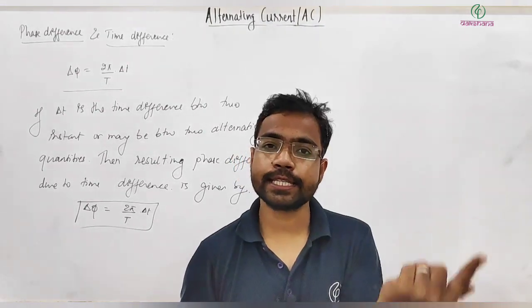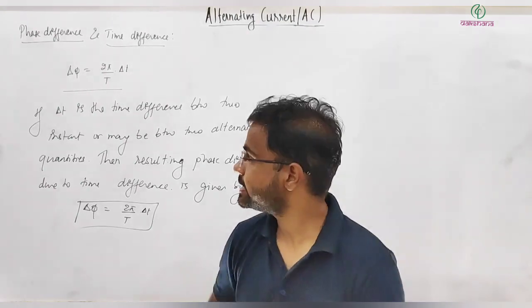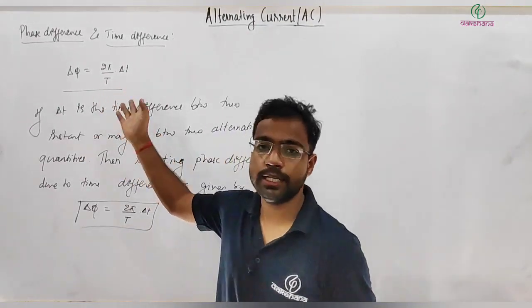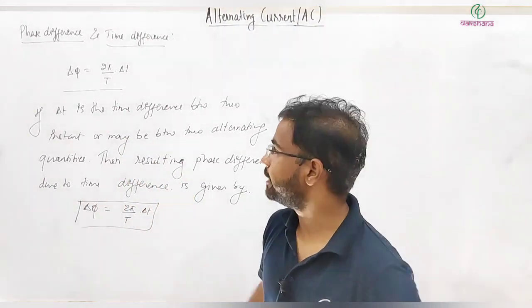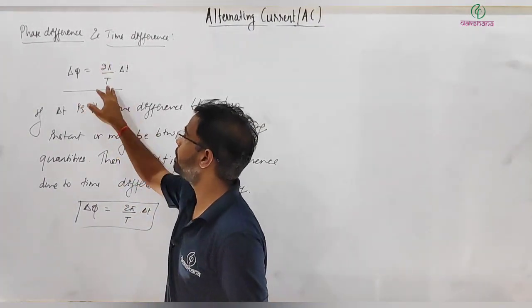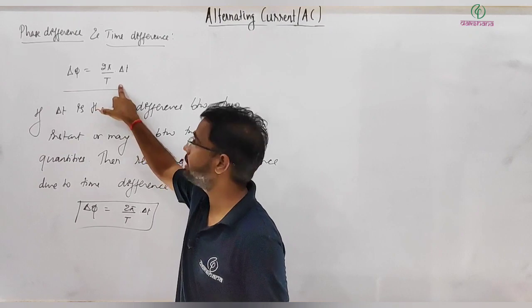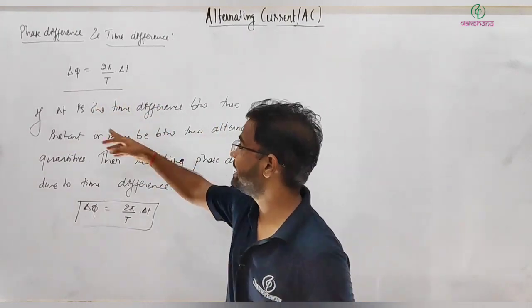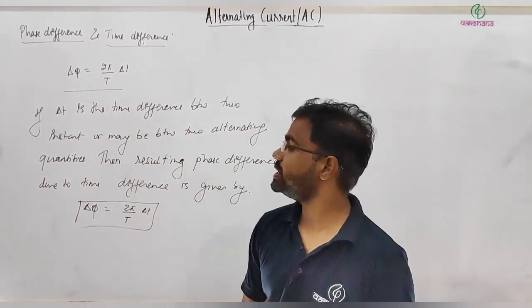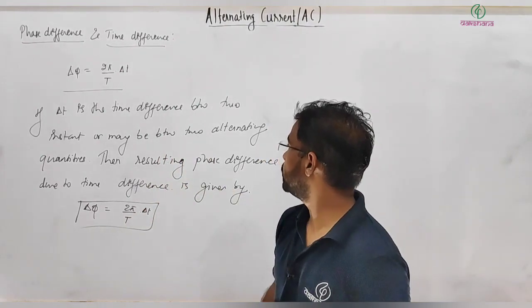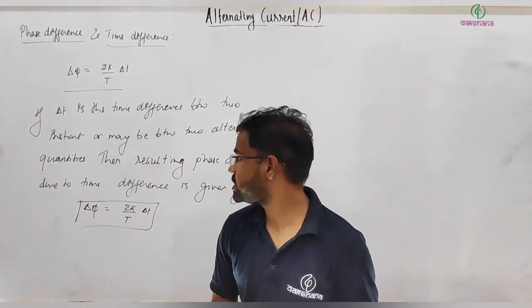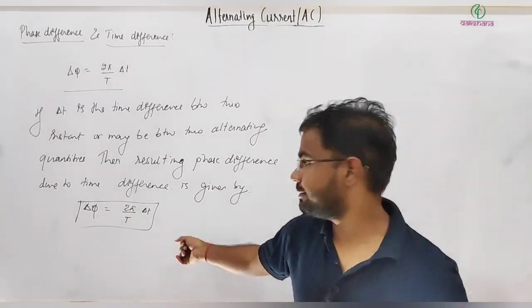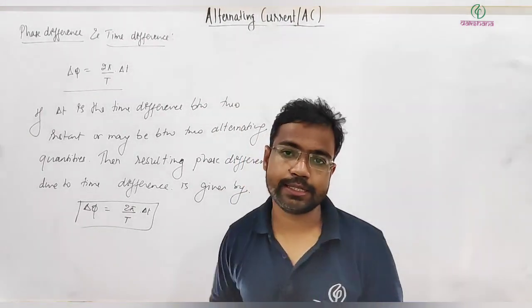That phase difference relation with the time difference is given by this, we have seen in waves. There we even saw the derivation of how it comes. So delta phi is equal to 2 pi by T, where T is the time period, multiplied by delta t. Here delta t is the time difference between two instants or maybe between two alternating quantities, and the resulting phase difference due to time difference is given by this. So that is a simple relation.